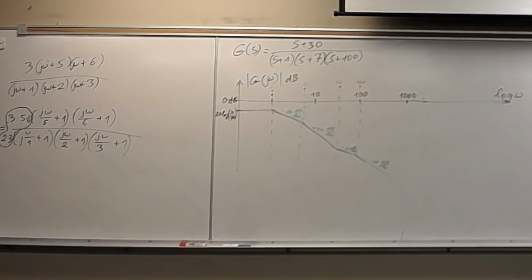Okay, so let's plot some phase. This is low omega, and this is angle H, equals G. Now let's put here 1, 10, 100, 1000.